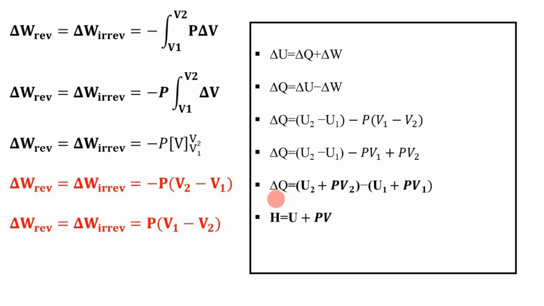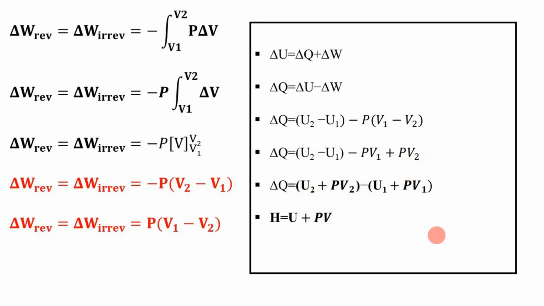The enthalpy is equal to internal energy plus the product of pressure times the volume. That is this term: this is the final enthalpy, and this is the initial enthalpy.